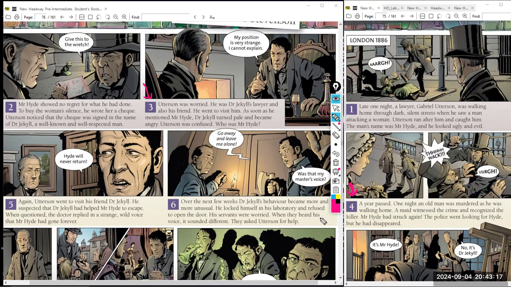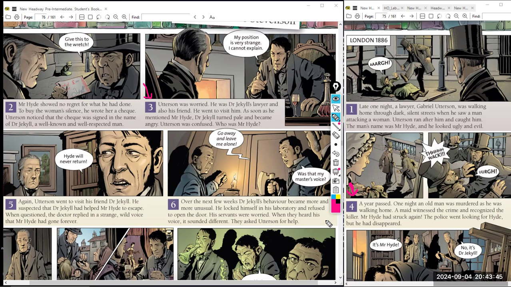Four. A year passed. One night, an old man was murdered as he was walking home. A maid witnessed the crime and recognized the killer. Mr. Hyde had struck again.